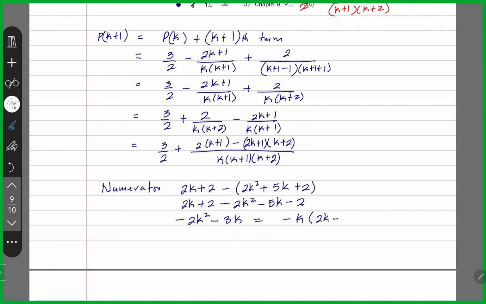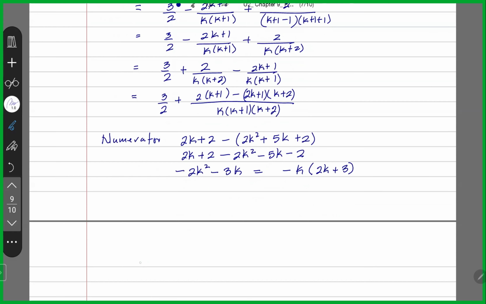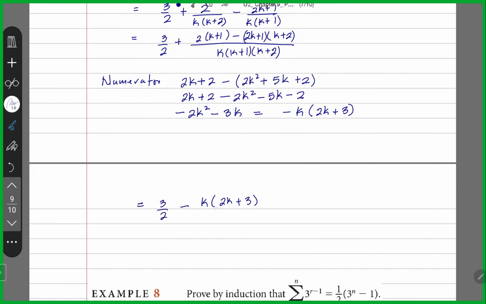Now putting that back into the solution, we have 3 over 2 minus k times (2k plus 3) all over k into (k plus 1)(k plus 2).